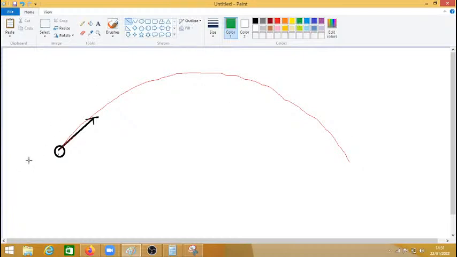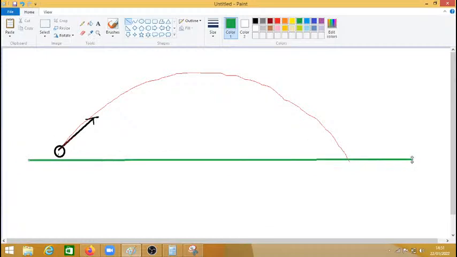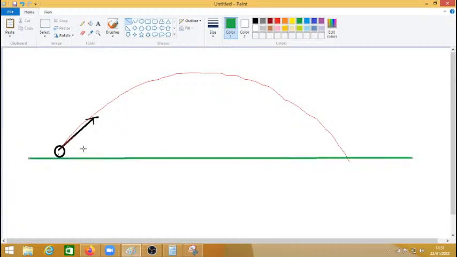So let me just draw the ground. If you think of that really nice, rainbow type path that it follows, then in the middle, exactly in the middle, is the point where it reaches the maximum height. And then back here, it reaches the ground again.